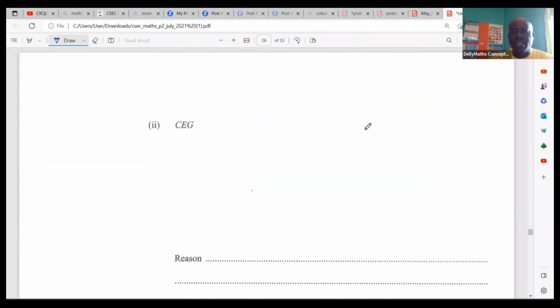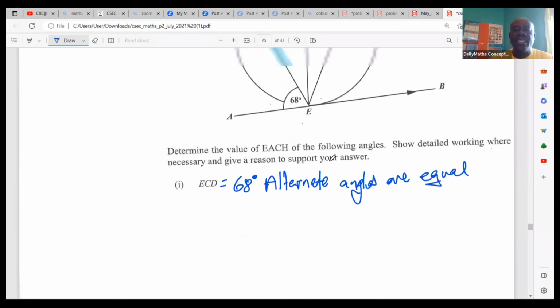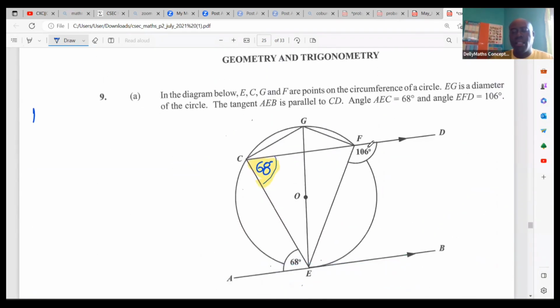All right, next question says CEG. We want to mark that angle CEG. CEG is this angle here. One of the good things that we're noticing here is the fact that CE is a diameter.